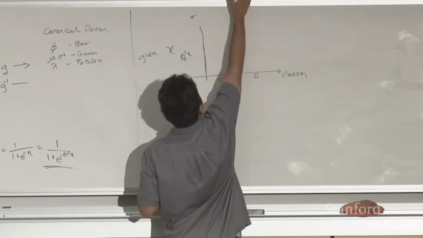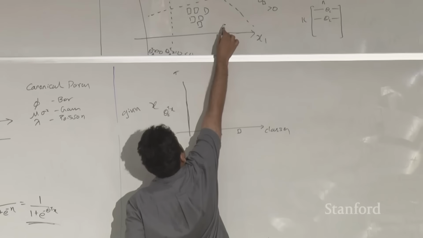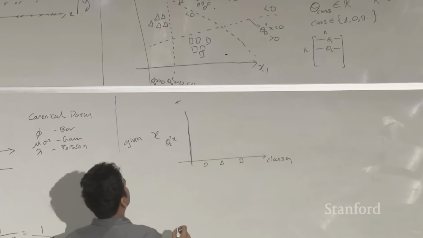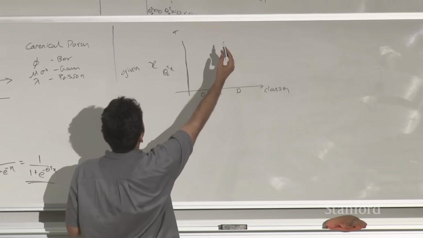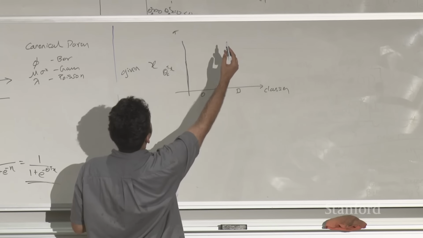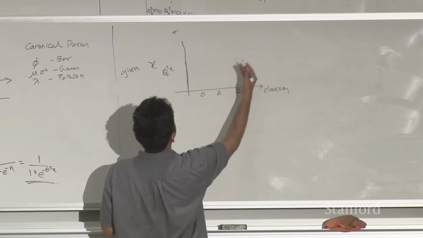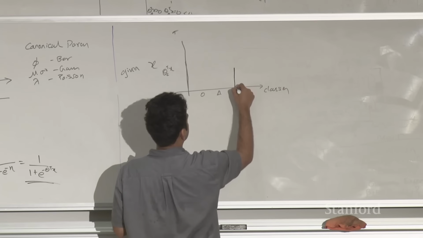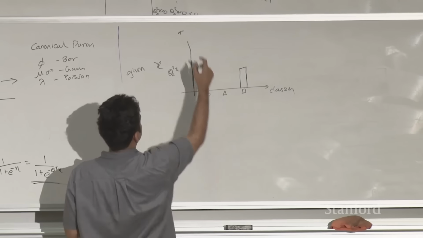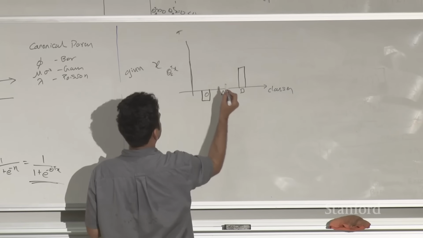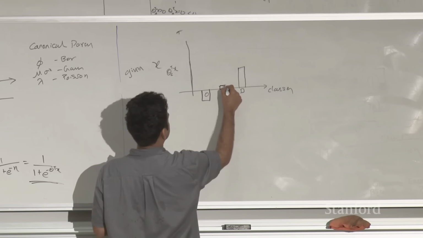Let's say for a new point x over here, we would have theta square transpose x to be positive, and maybe for the others we may have some negative, and maybe something like this for this.